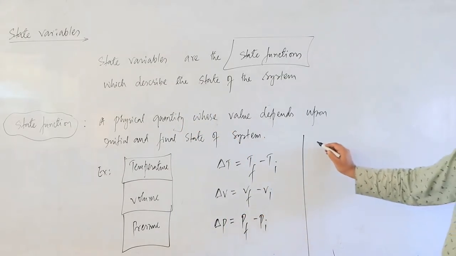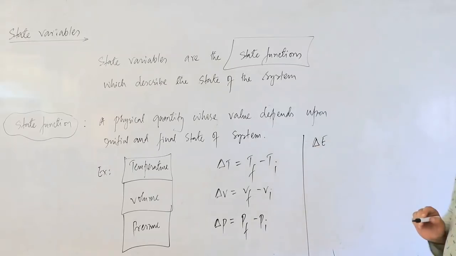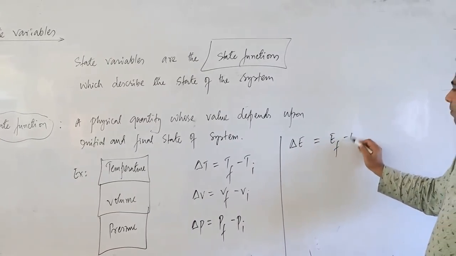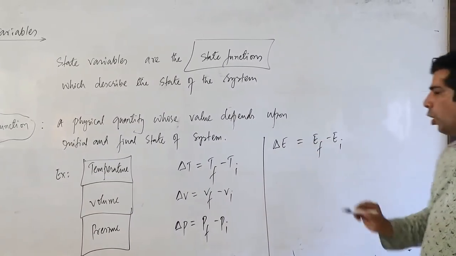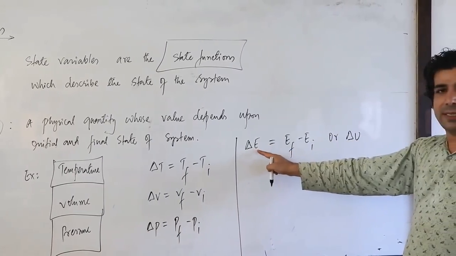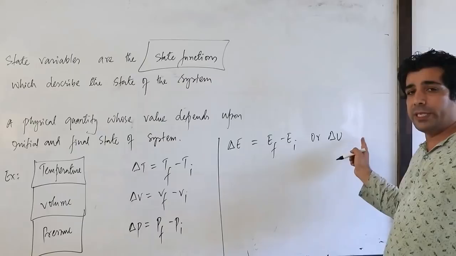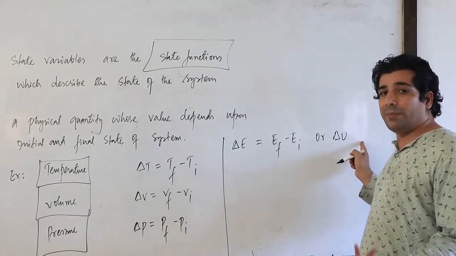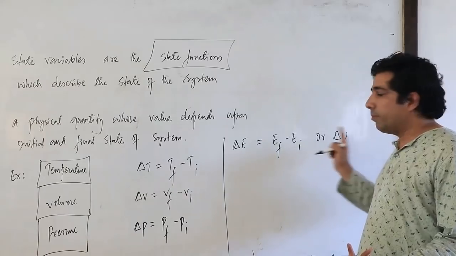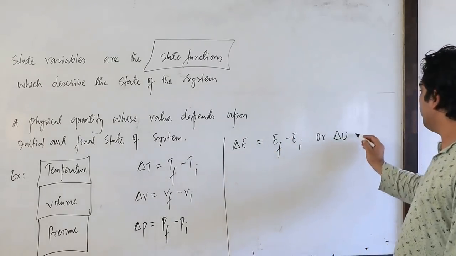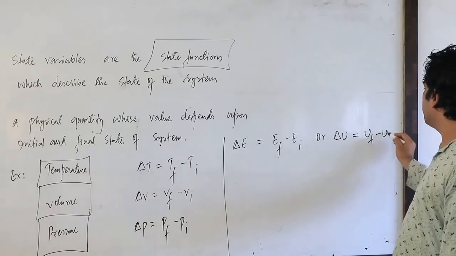Now let us talk about delta E, that is the change in internal energy, my dear friends, and that also depends on EF minus EI. Or you can write it like this, delta U, because E is the internal energy and U is also the internal energy, because different books use different symbols for internal energy. Some books use E and some use U. Same thing, it will become UF minus UI.